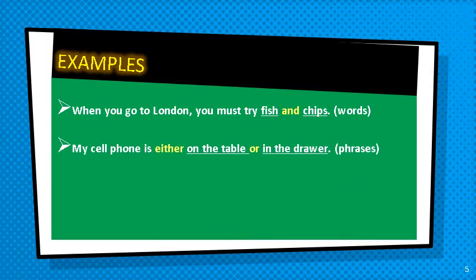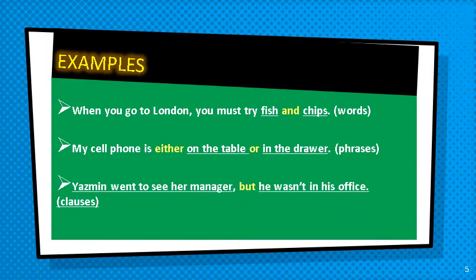My cell phone is either on the table or in the drawer. Here, either and or are connecting two phrases. Yasmin went to see her manager, but he wasn't in his office. Here, but is connecting two clauses. Clauses are just like sentences.